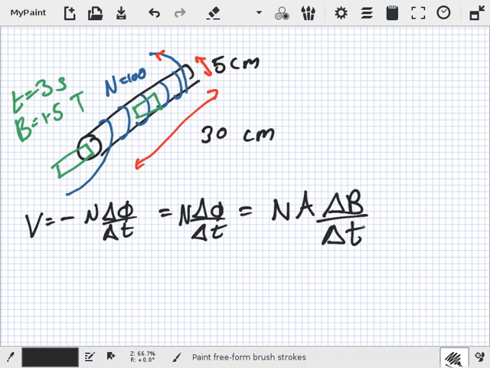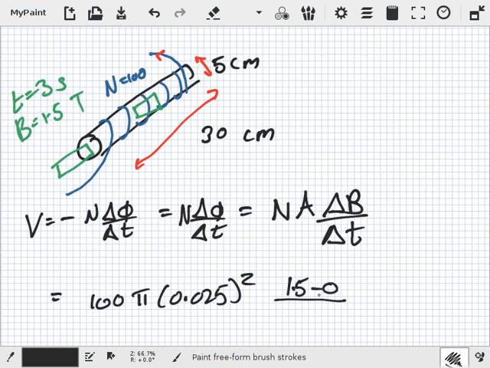We got answers? So this will be 100 times pi times r squared over 1.5 minus 0 over 3. So what do we get here, please? 0.098. 98.2 millivolts?